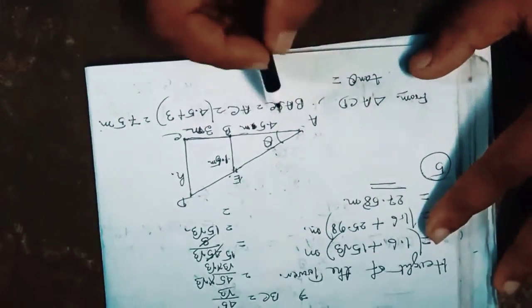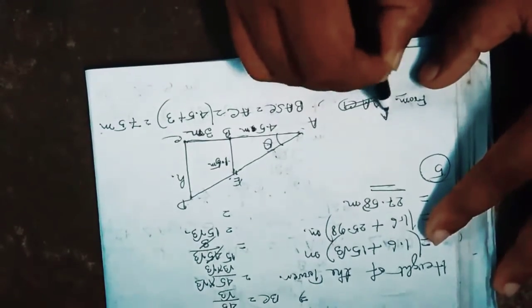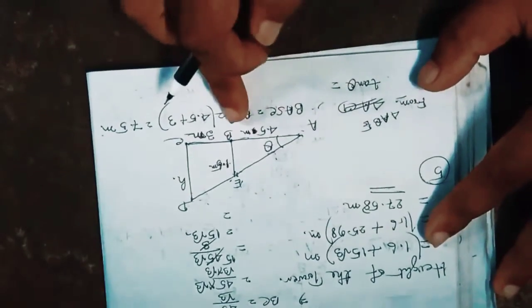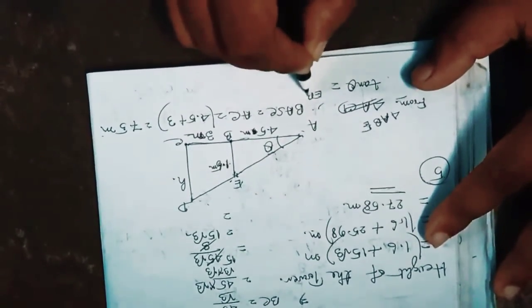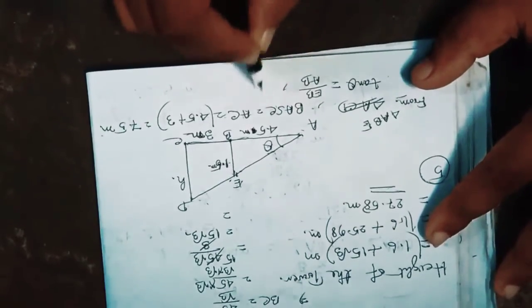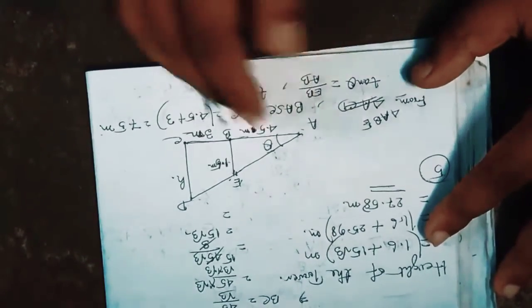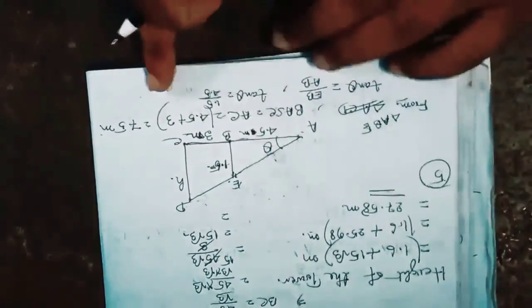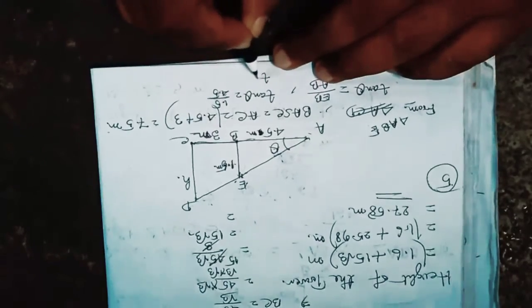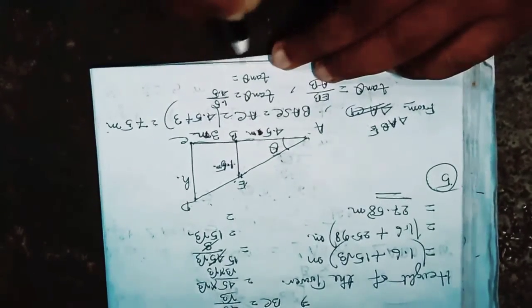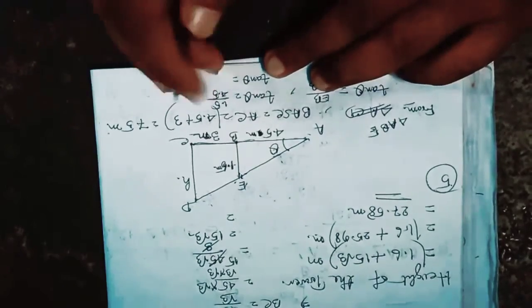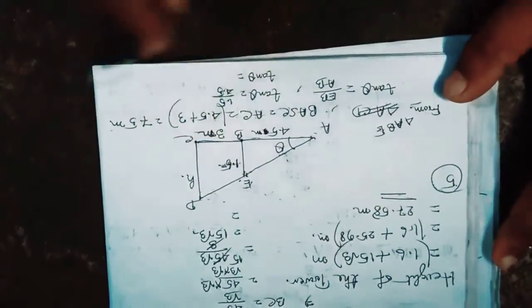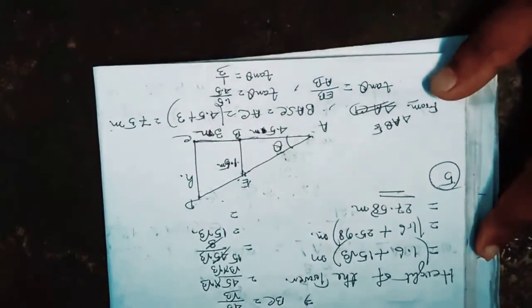Tan theta is equal to 1.5 by 4.5, so tan theta is equal to 1 by 3.